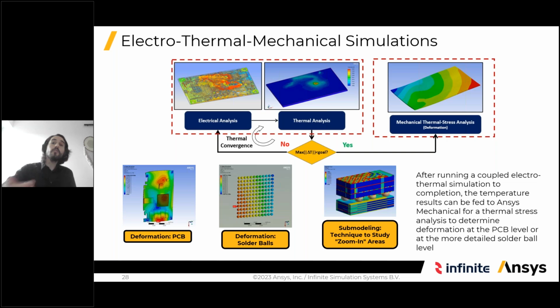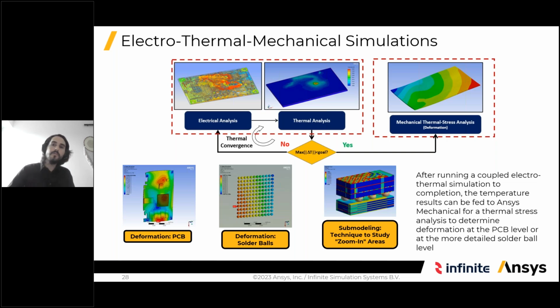And once we have converged this thermal solution, we can have the thermal distribution and expansion details along with the electrical components and the electrical behavior of our system. And then we can further investigate mechanical aspects of the PCB, such as possible thermal stress of the PCB or mechanical deformations due to heat.